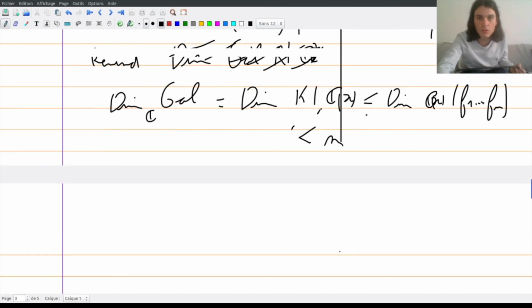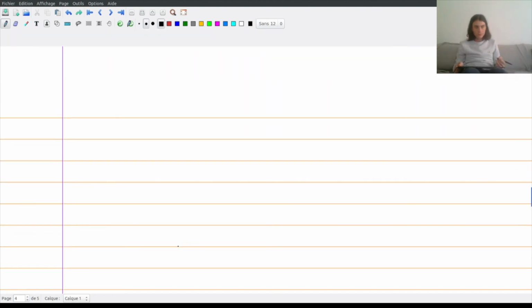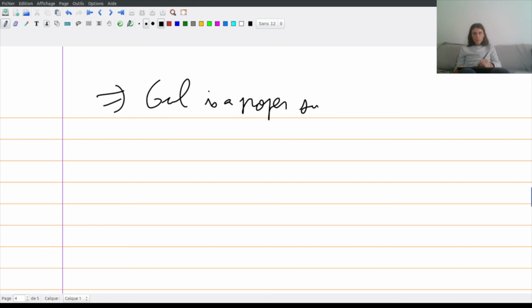So the Galois group has dimension strictly smaller than n. So it means that the Galois group is a proper subgroup of n copies of the additive group.